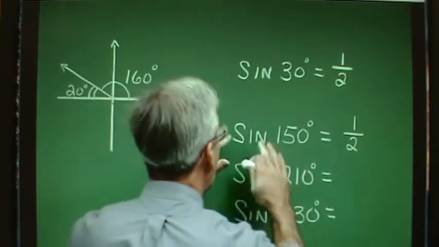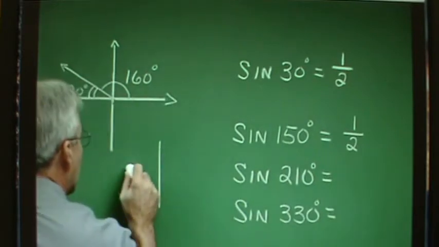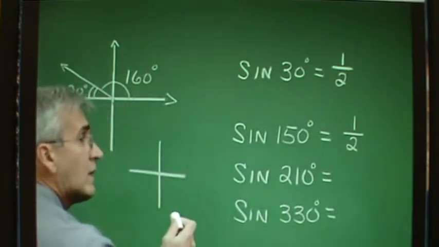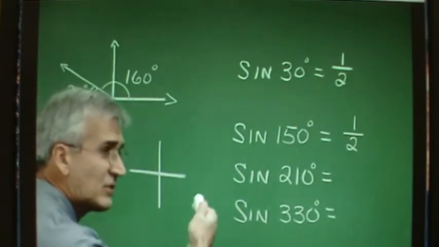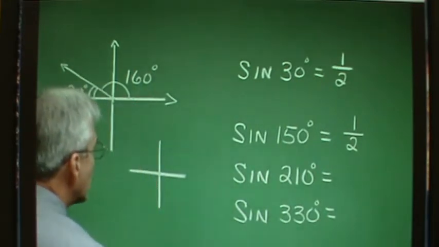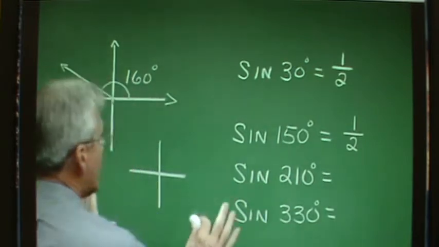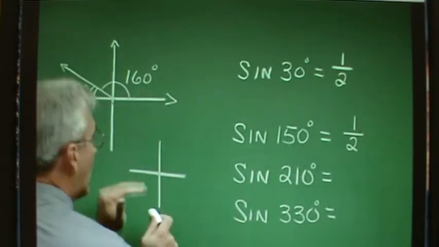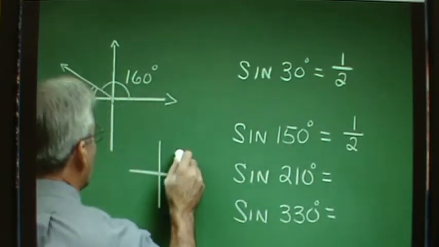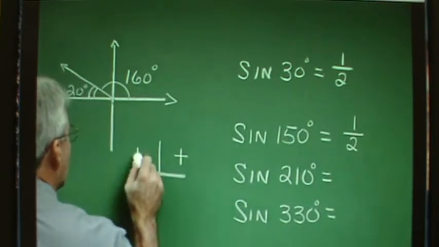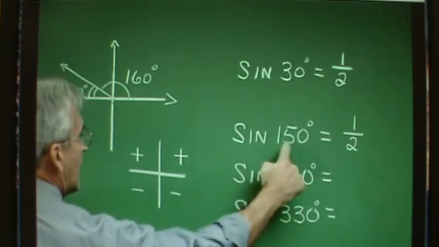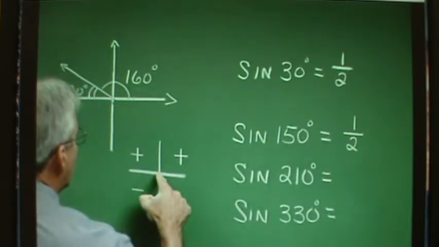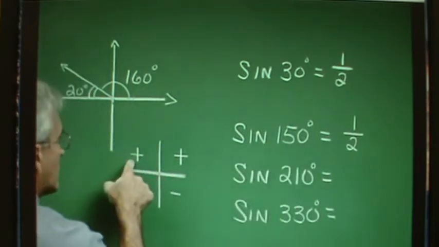For the sine function, the sign pattern is that it's y over r, and y is positive in these two quadrants, so the sine of angles is positive in those two quadrants, but negative here. So the sine of 150, because 150 is in the second quadrant, is going to be positive.